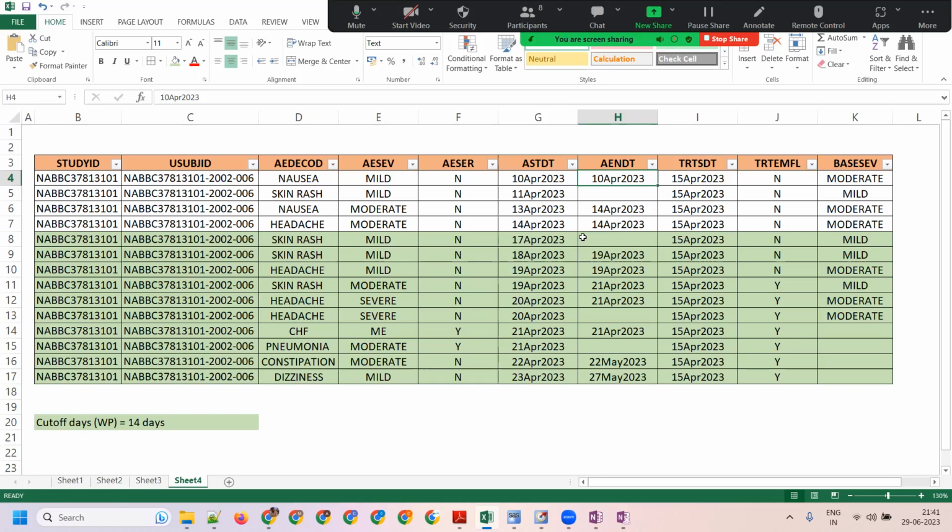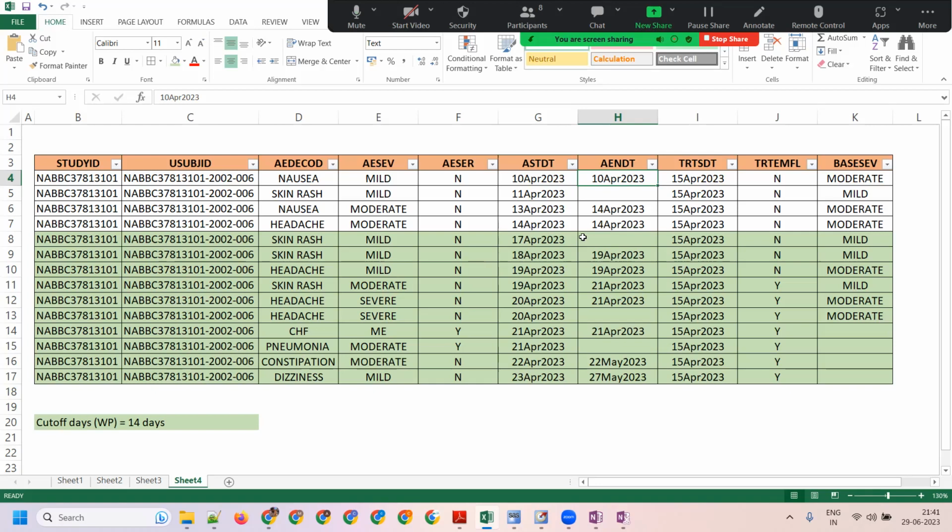What do you mean by that 15 days window? Can anyone help me with that? Based on the half-life of the drug, like how many days the drug will be retained in the body, so 15 days or 10 days.